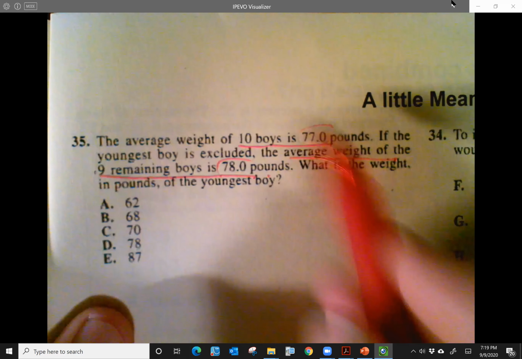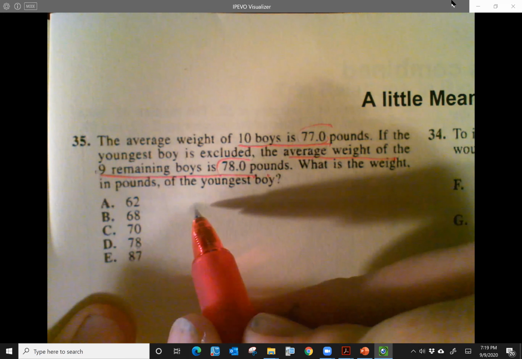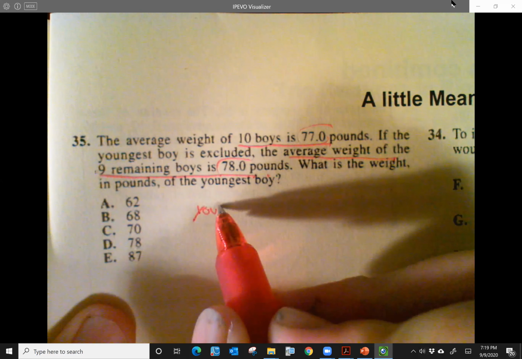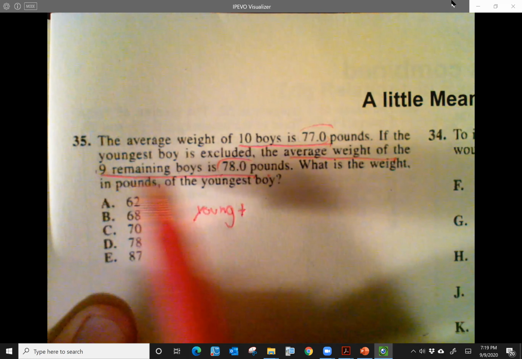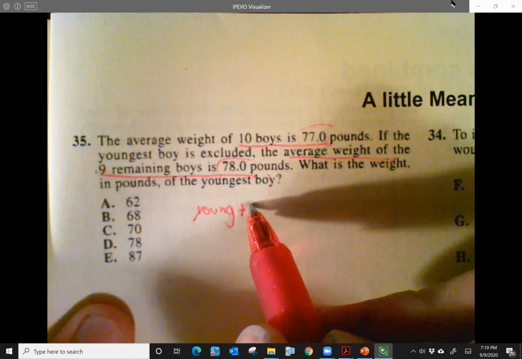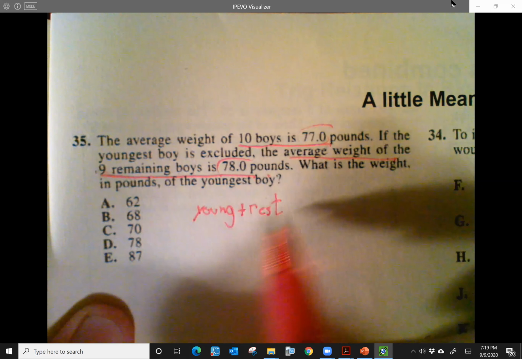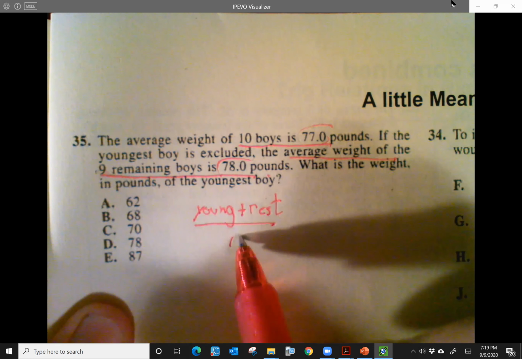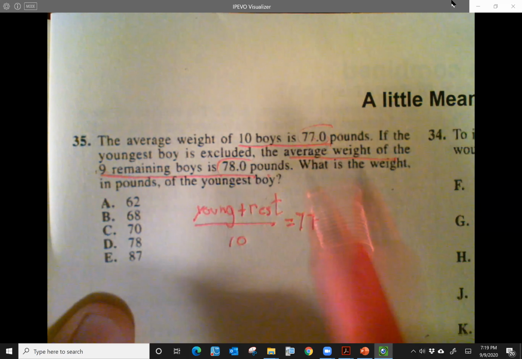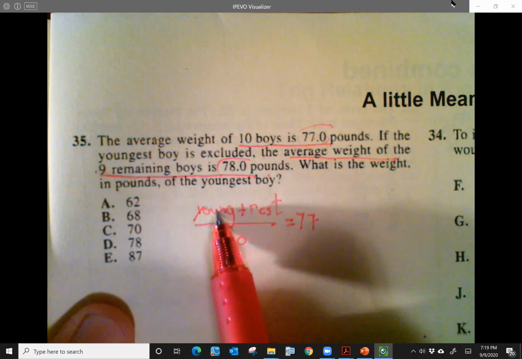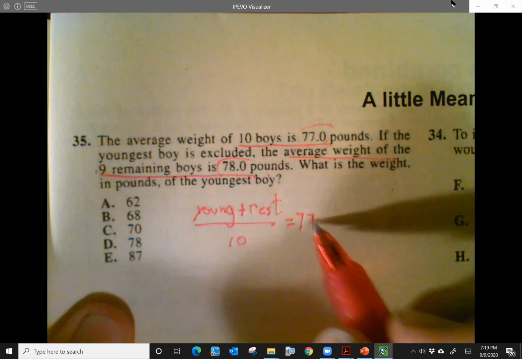So if I'm thinking about averages, I could take my youngest boy, plus, since they call it the 9 remaining boys, I'm going to just say the rest of them. If I take all of their weights, and there's 10 of them, we're told that the average is 77. That's what we're told. The average of all of these 10 boys, the youngest plus the rest of them, is 77.